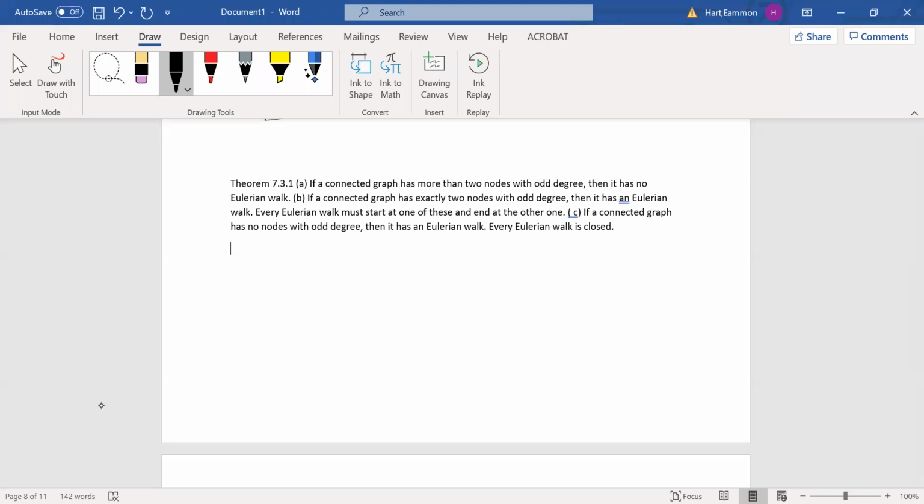Okay, so we already talked about A, but to give a fuller proof of it: if it is a connected graph that has more than 2 nodes of odd degree, then it has no Eulerian walk. So suppose it has at least 3 nodes of odd degree.